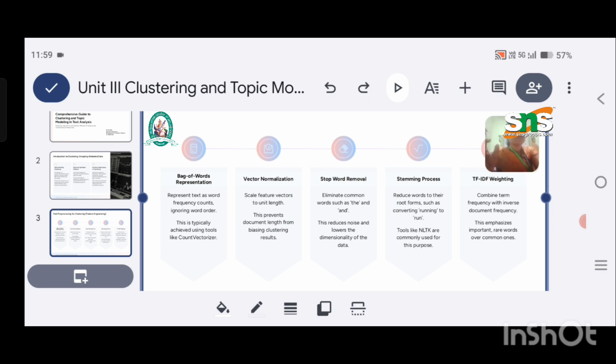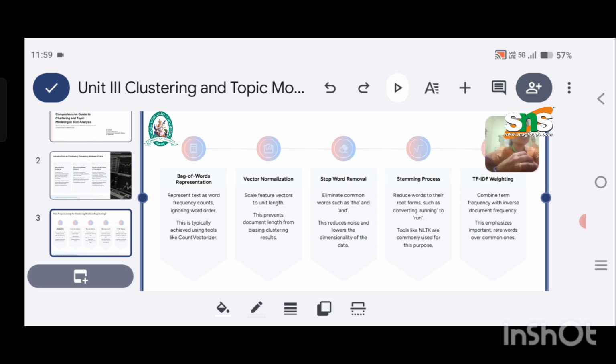For example, if we have the word image or imagine, we can represent it as img or imag. We convert the word through tools like the Natural Language Toolkit, which is commonly used for this purpose, exactly converting the text we require.